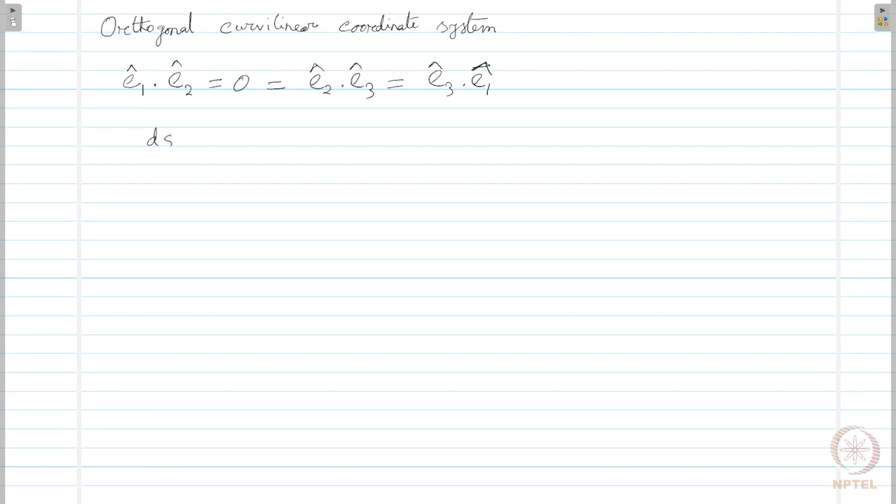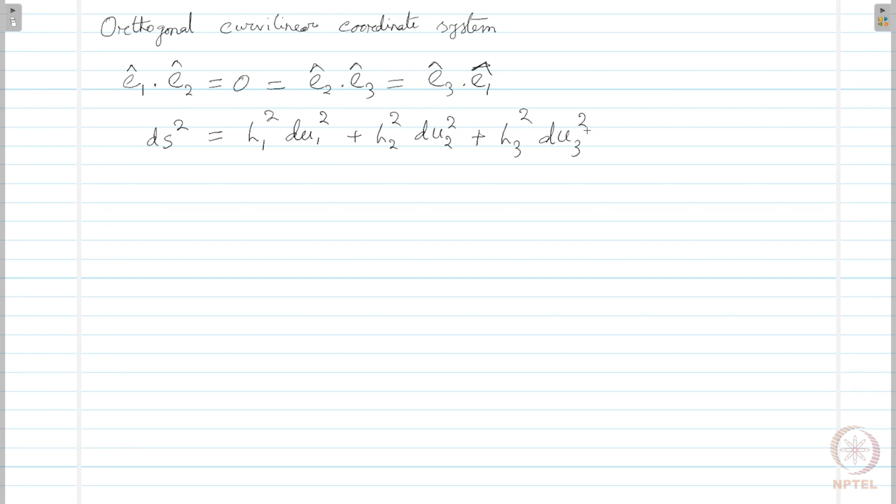Therefore, ds squared can be written as h1 squared du1 squared plus h2 squared du2 squared plus h3 squared du3 squared. Although this will not hold for non-orthogonal coordinate systems.